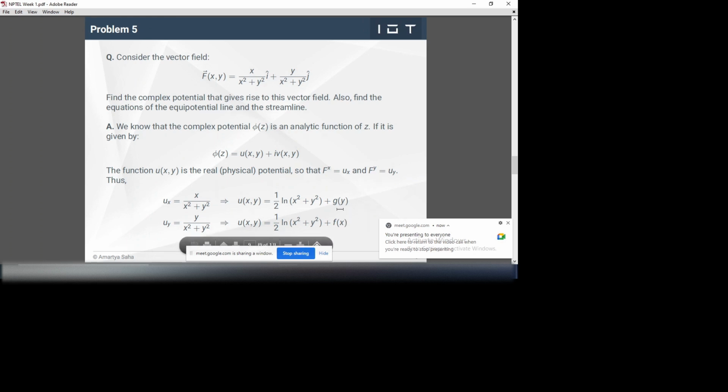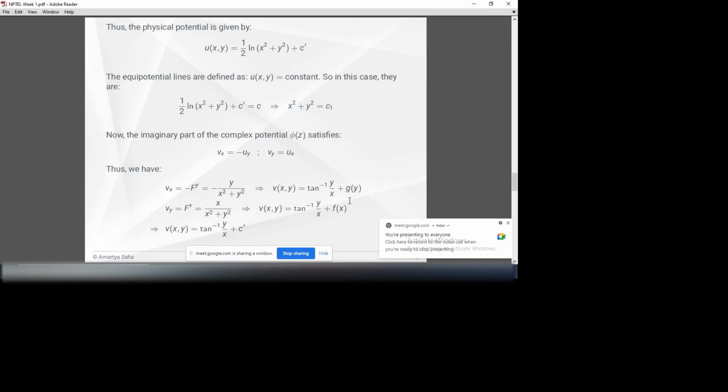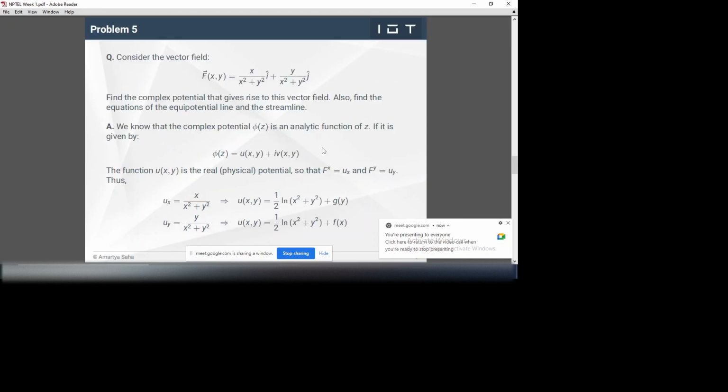There is nothing to compare them with. So we conclude that f(x) and g(y) are nothing but two undetermined constants, and both are equal. After this comparison, we are left with this. This is the physical potential: u(x,y) equals half log of x squared plus y squared, plus a constant.